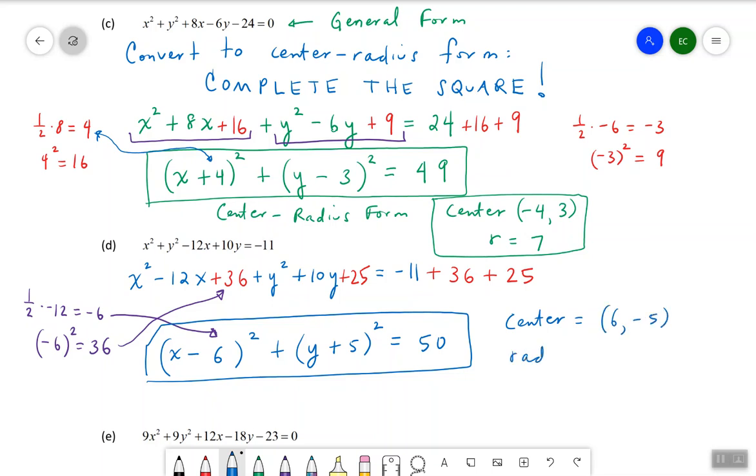And the radius is the square root of 50, which we should simplify. 25 is a factor of 50. Square root of 25 is 5, so that comes out. And then we've got 5√2 for our radius.